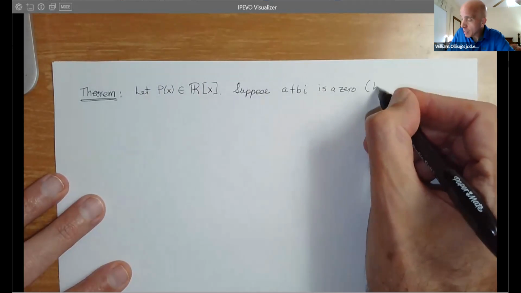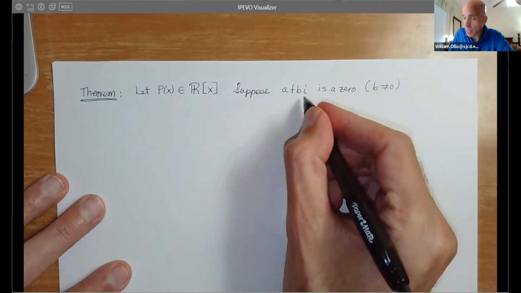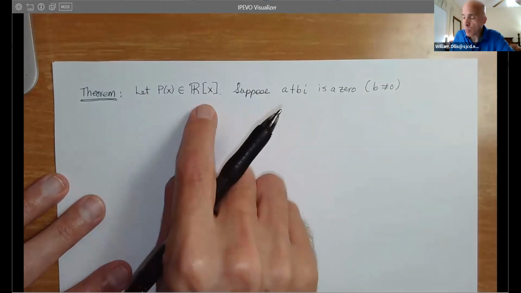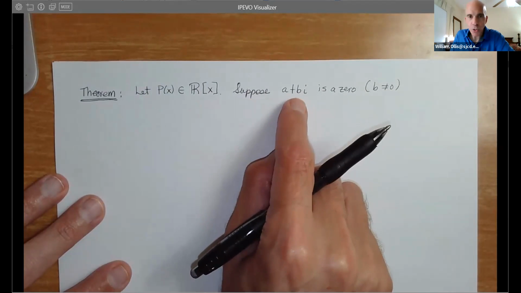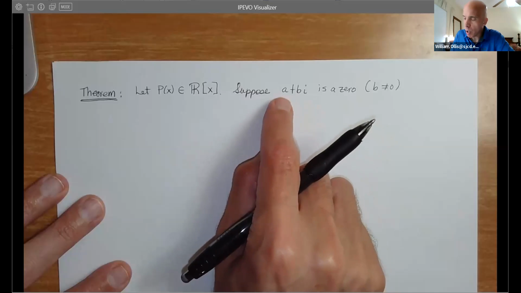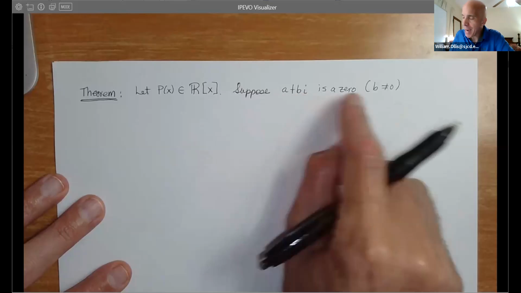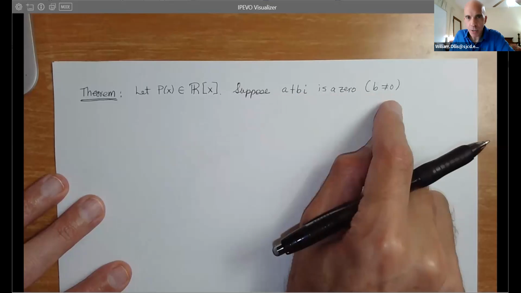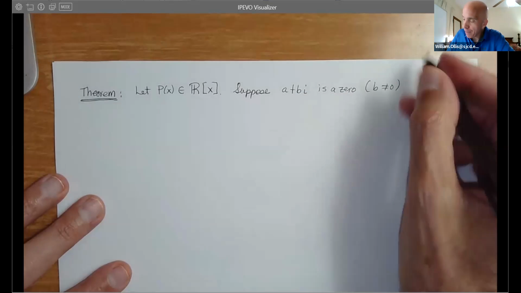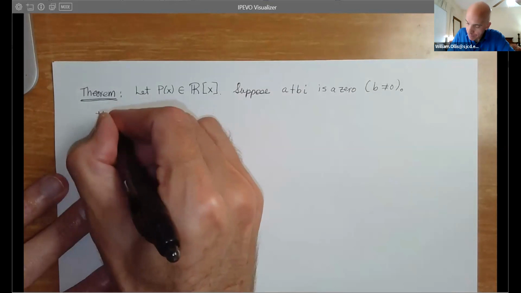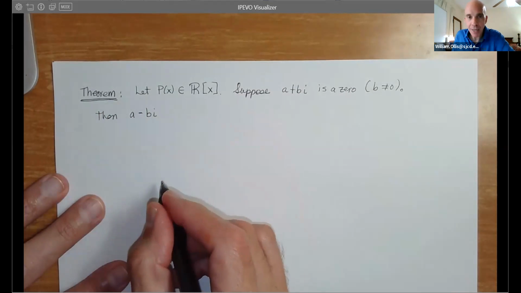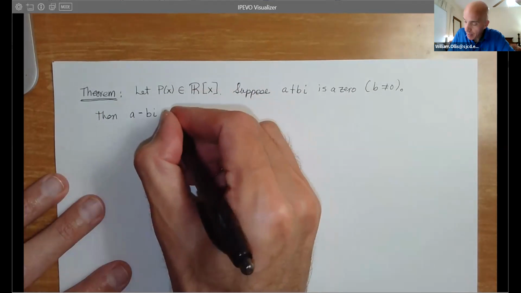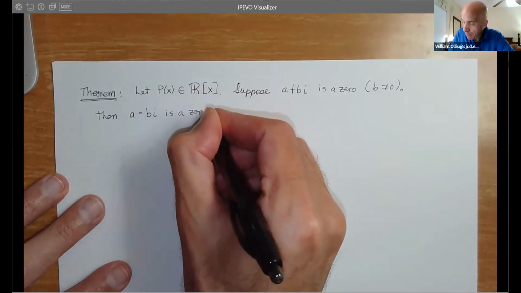And we're assuming that the b is non-zero. That is, it has an imaginary part. So we have a real polynomial with an imaginary zero. Maybe it's square root 2 times i, or maybe it's 1 plus i. The imaginary part, the b, is non-zero, so we want an i in this. Then the conjugate, the complex conjugate, a minus bi, is a zero.